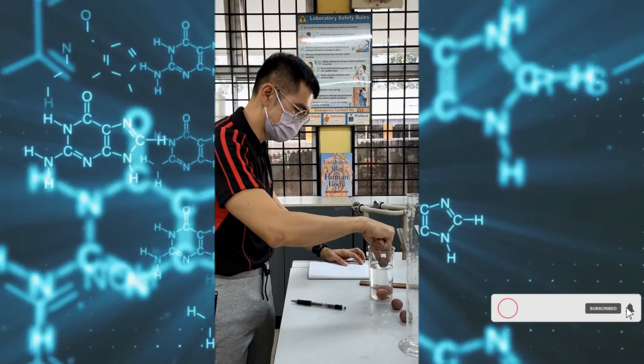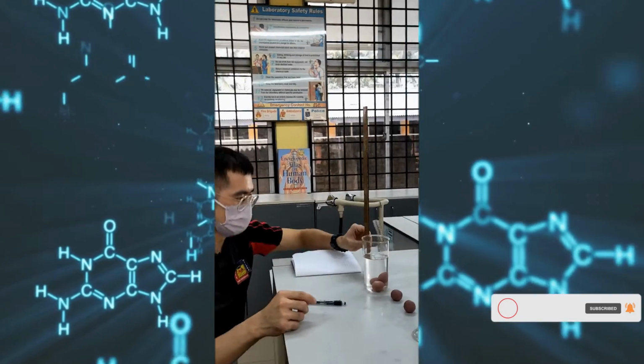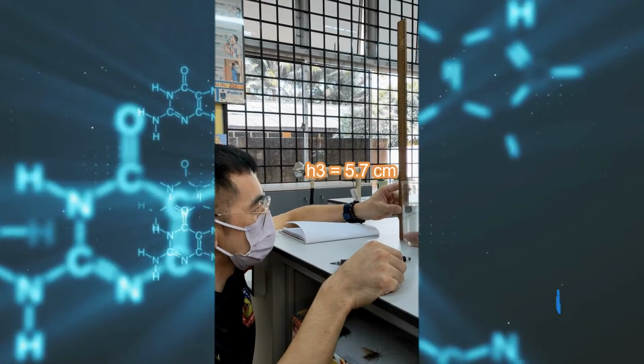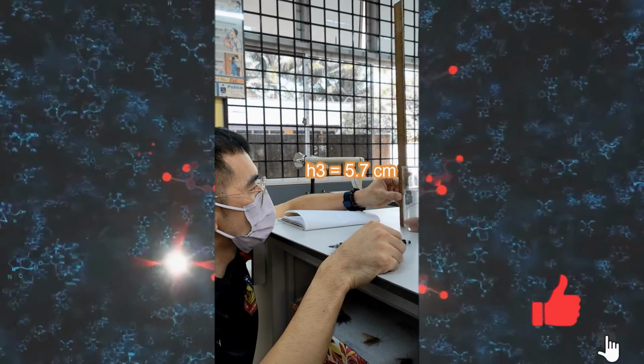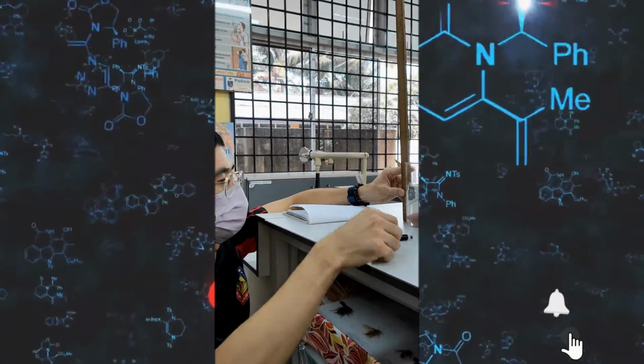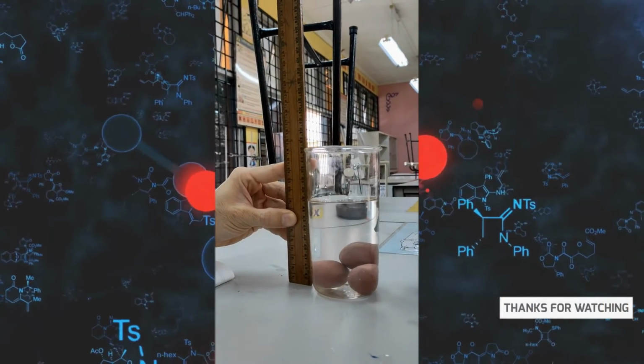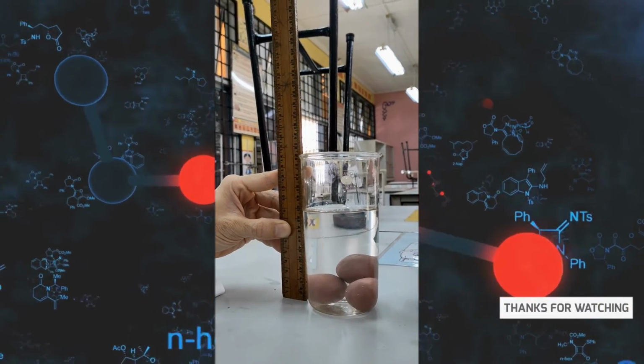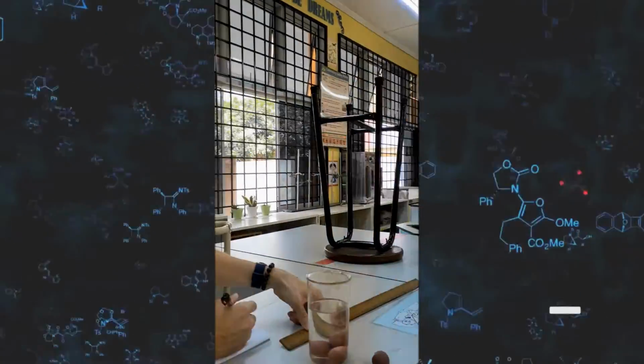Third, the plasticine is immersed into the water and the height of the water level H3 is measured by using the meter rule. So you can see that the measurement is about 8.7 cm.